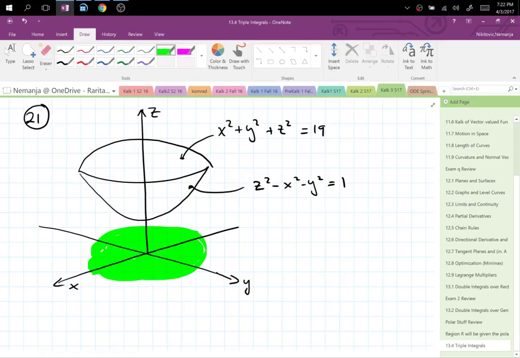It's easy. X squared plus y squared equals y squared.